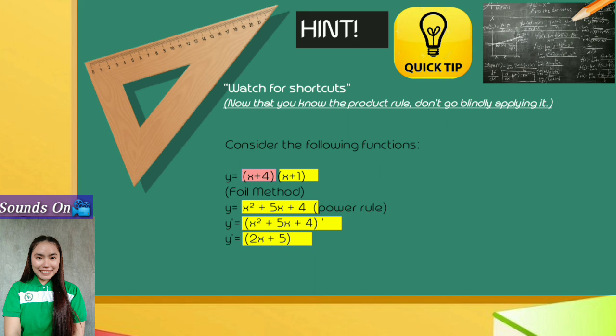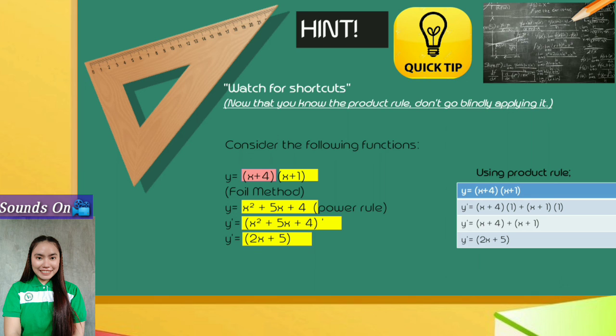And that's the final answer. And when we use the product rule, we will arrive at the same answer. And this is a kind of thing we want to learn to notice. There are many problems where we can save ourselves some calculus work by simplifying ahead of time. So before applying the rules, analyze the given function and watch for shortcuts.